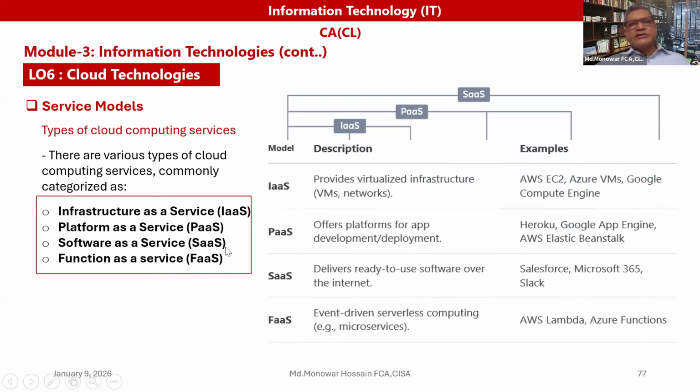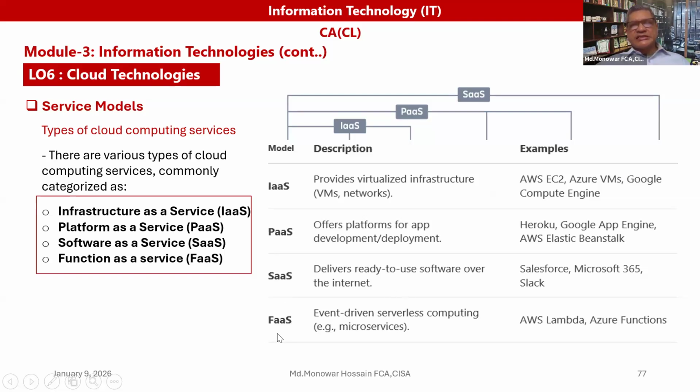And if you see, infrastructure as a service provides virtualized infrastructure, and platform as a service, PaaS, offers a platform for app development. SaaS, software as a service, delivers ready-to-use software over the internet.